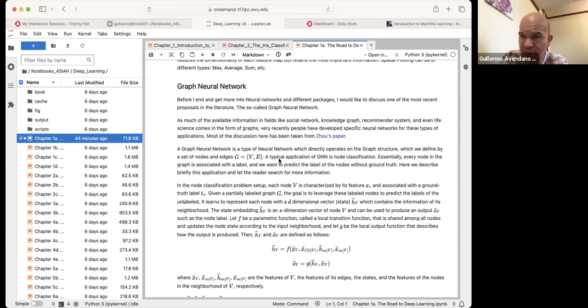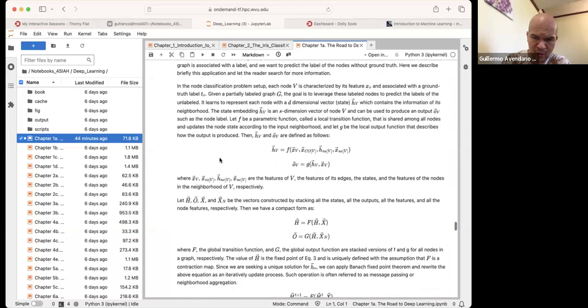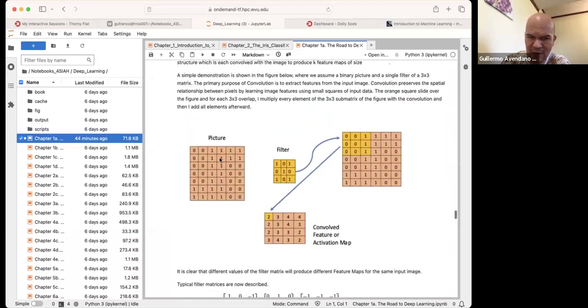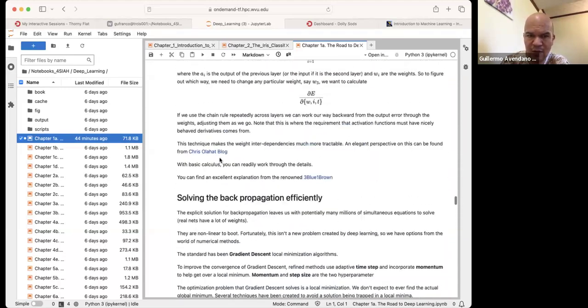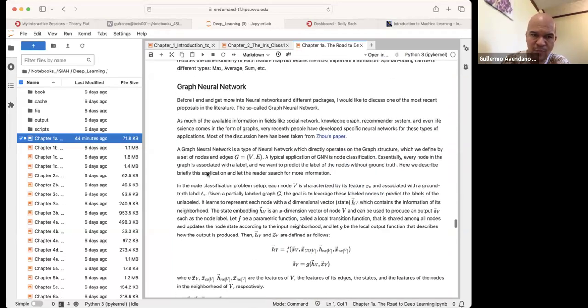For example, in physics and chemistry, people now are using these other kinds of neural networks, graph neural networks. I will, in a minute, show you how you access the frameworks. I'm not doing anything really training in this notebook. That's why I don't really need GPUs or anything like that for them.